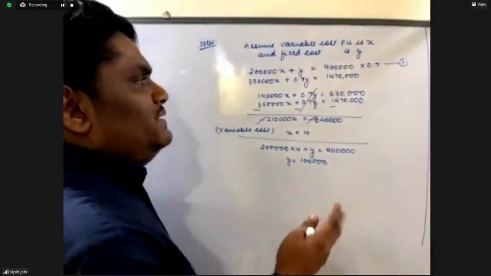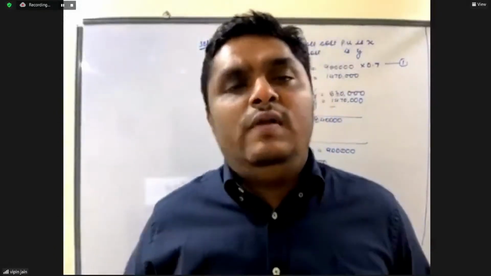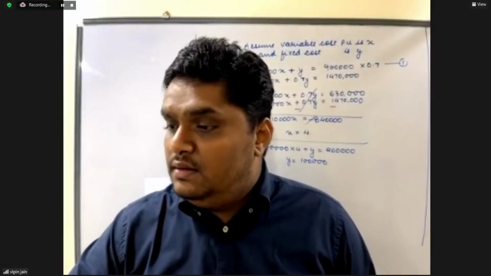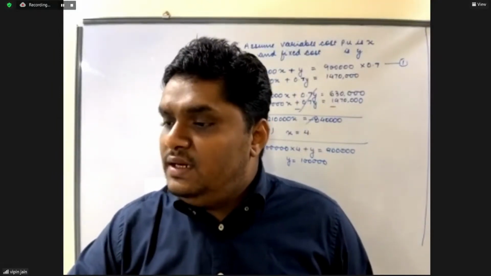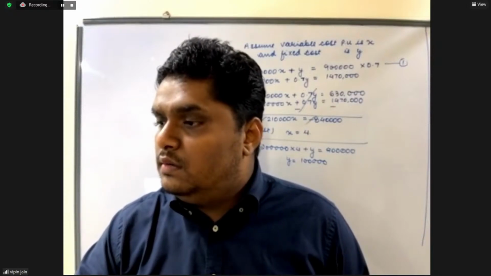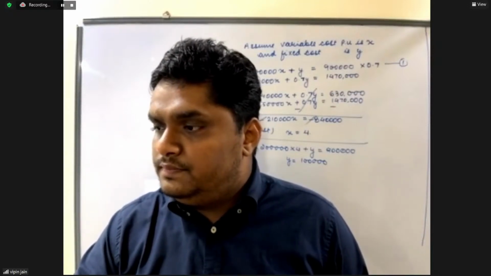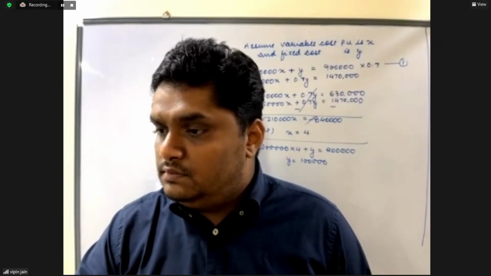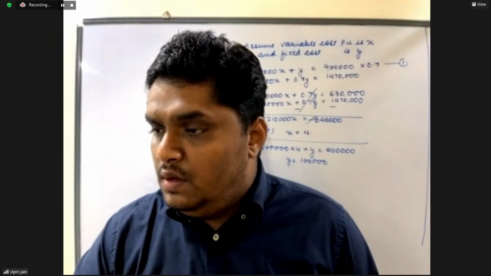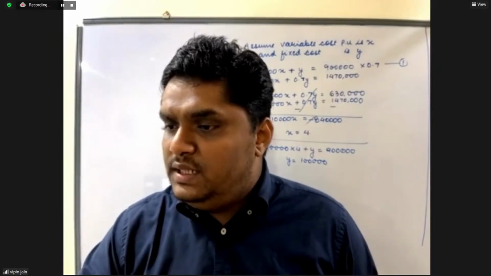So this is a simultaneous equation. We can solve using simultaneous equation and we can get the answer. Anyone else having any doubts, queries? I request you guys to please copy the solution.